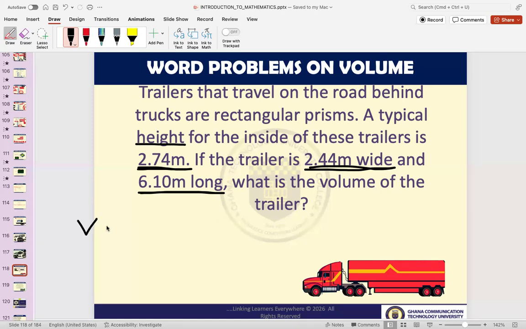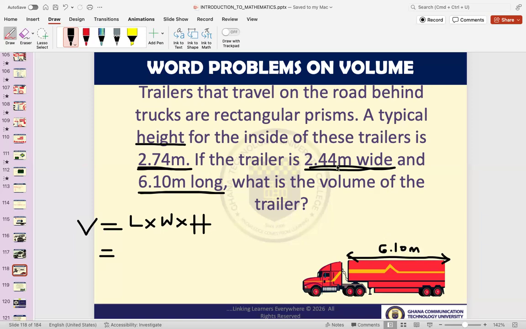So you have your 3D formula. Volume equals length times width times height. And then we pick our values. 6.10 meters long means the length. So this is the length, 6.10 meters.